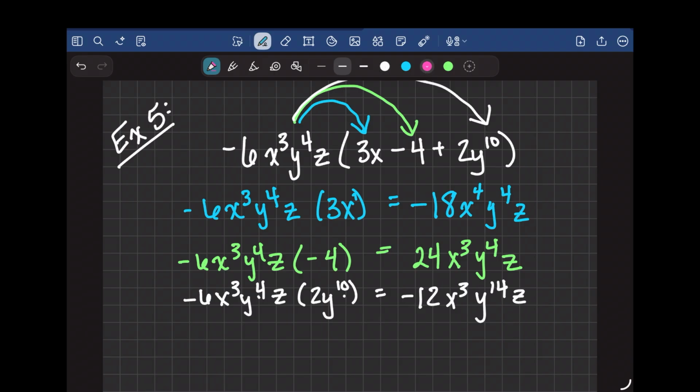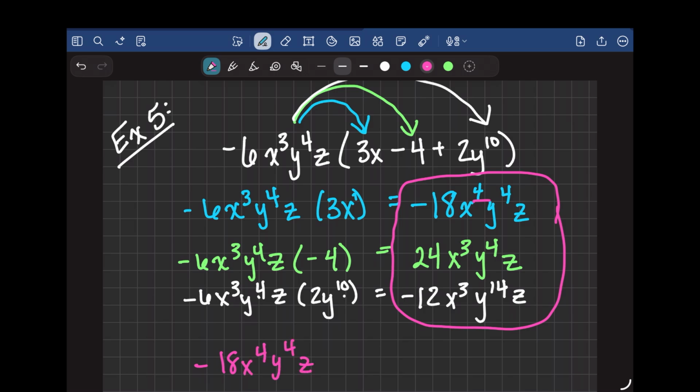Looking at these three terms, I can see that we have x, y, and z in all of them. So all I'm going to care about right now are my x's. So when I look at my x's, the highest one I have is 4. So I know that this top number is going to be written first. Then when I look at my next two, x's are the same. They're both 3. So I need to go to the next letter of my alphabet, which is a y.